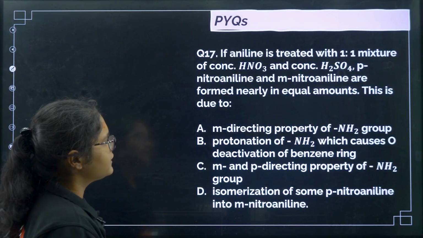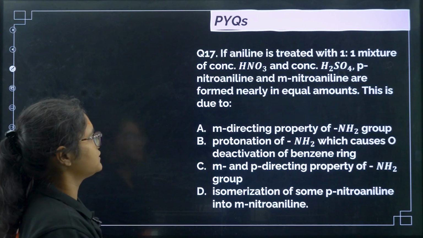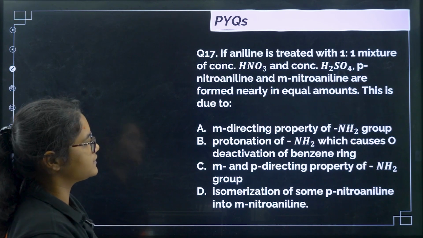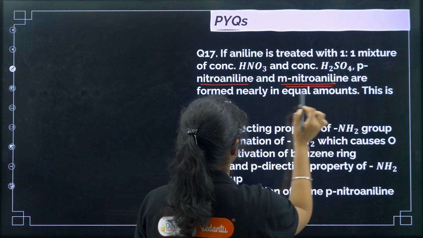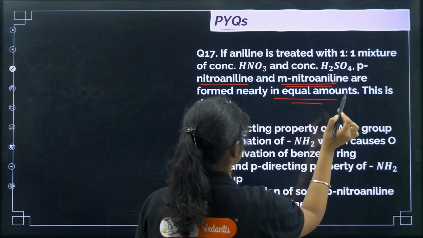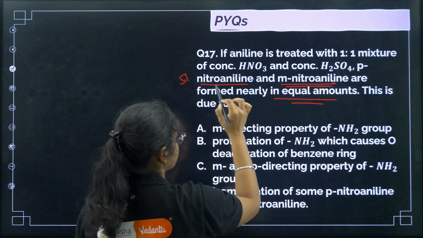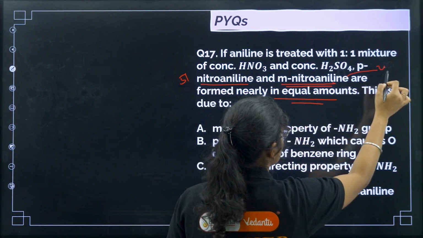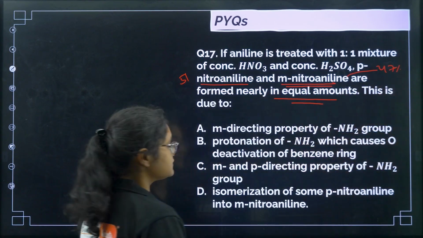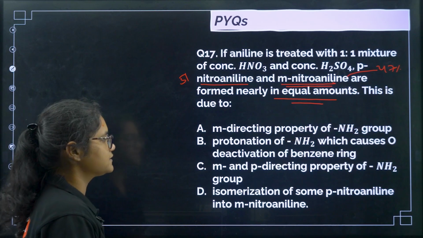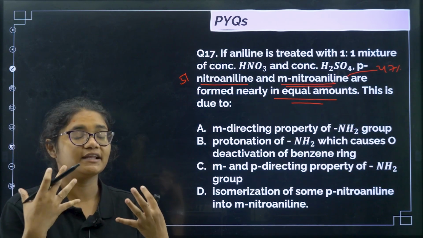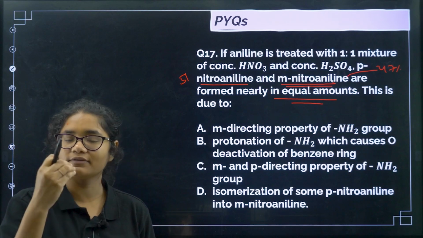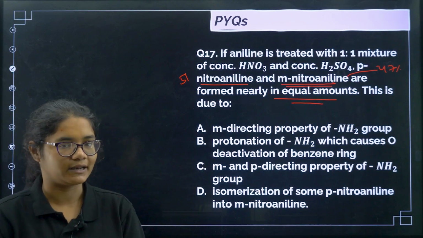Next, if aniline is treated with 1:1 mixture of concentrated HNO3 and concentrated H2SO4, para-nitroaniline and meta-nitroaniline are formed in nearly equal amounts. So you remember, para forms in 51% and meta forms in 47%, right? This is due to, so just now we have discussed that the NH2 group takes the H plus and becomes NH3 plus, and now it is an electron withdrawing group, and now it is a meta directing group.